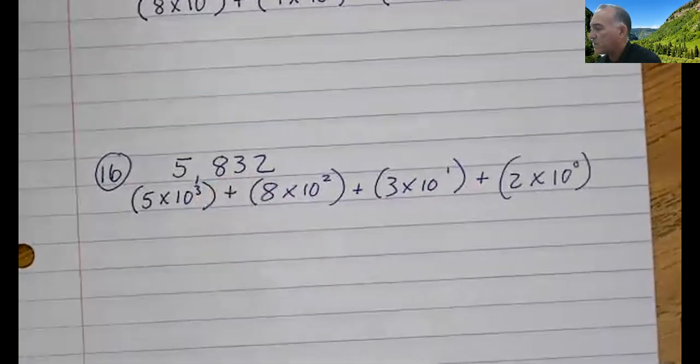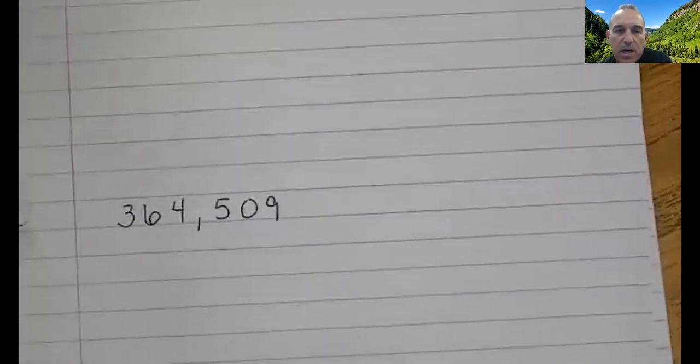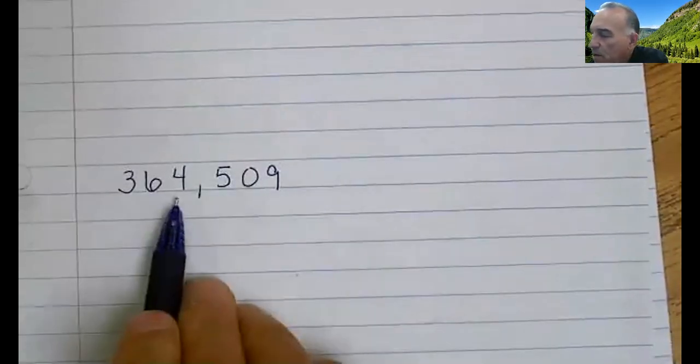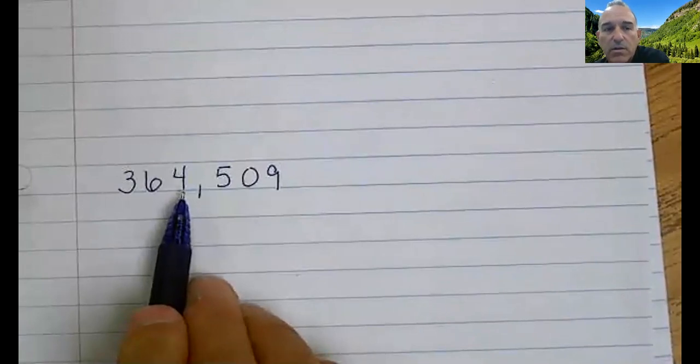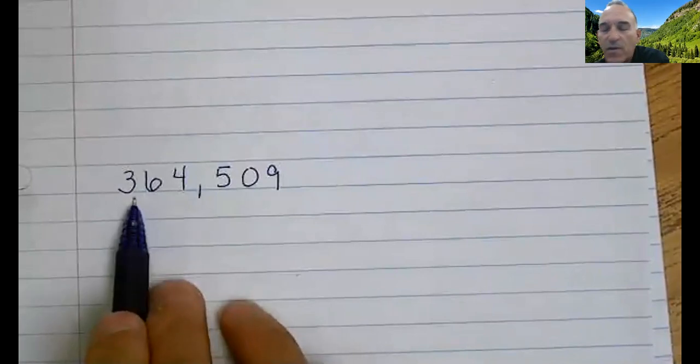Let's do one with a 0 in it. I've just made this problem up. It is not in your book. Here's how I would do this if I were asked to do it. I know that's 10 to the third right there. The thousands place is always 10 to the third. That means this is 10 to the fourth, and this is 10 to the fifth.